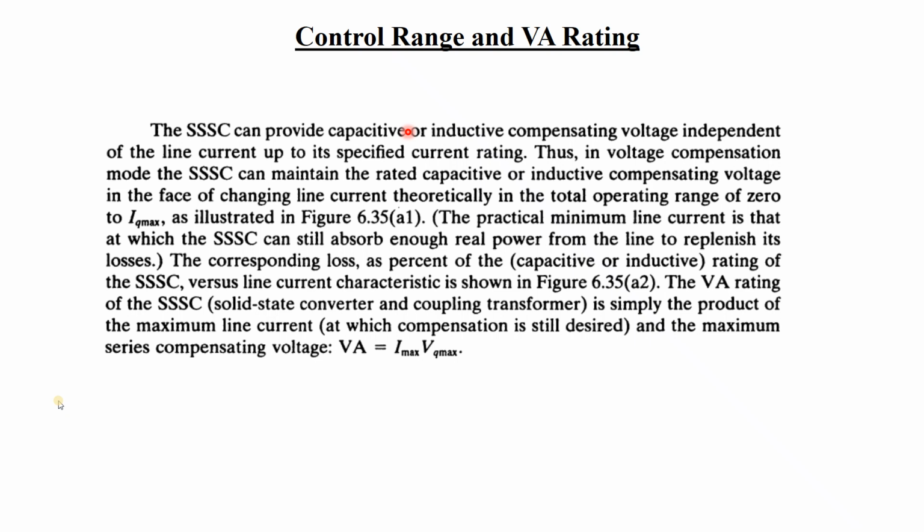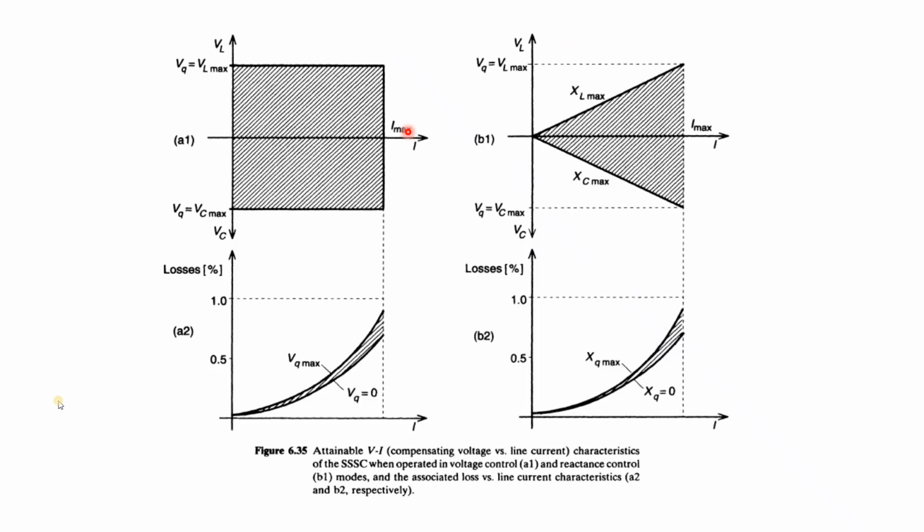The VA rating of this particular SSC, which is the solid state converter and the coupling transformer, is simply the product of the maximum line current and the maximum series compensating voltage. So this is the maximum reactance, line reactance, capacitive reactance, inductive reactance, and both are shown.